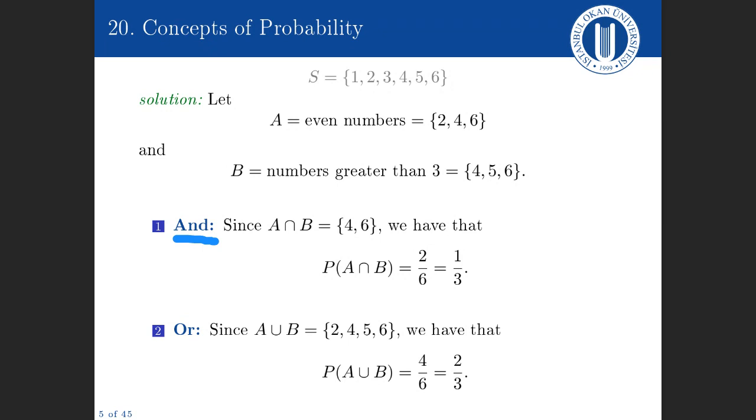We want the intersection between A and B. The numbers which are even and greater than 3 are 4 and 6. So the probability of A intersection B is 2 divided by 6. 2 because there are two numbers in A intersection B, and 6 because in total the die has 6 sides.